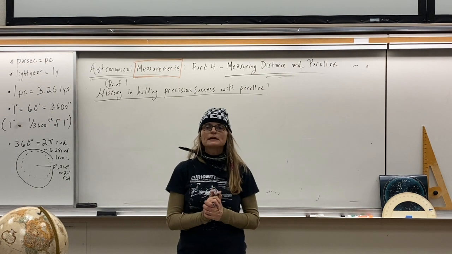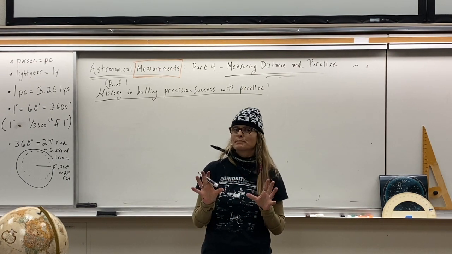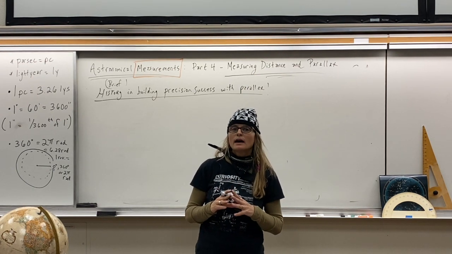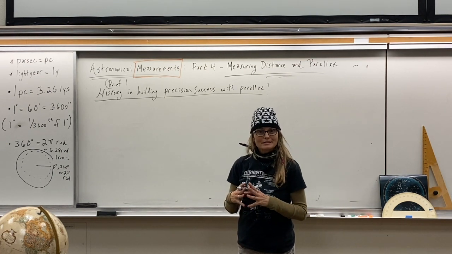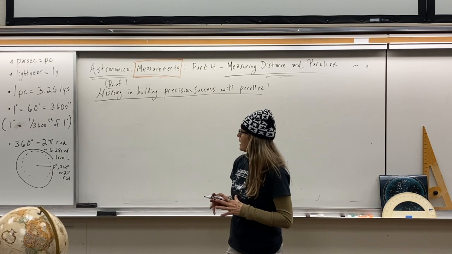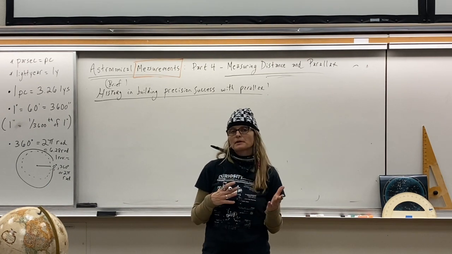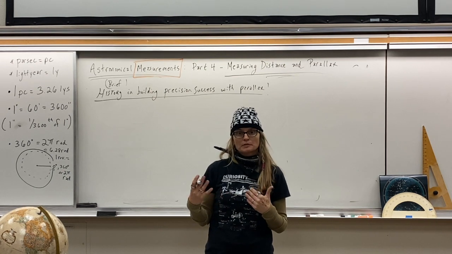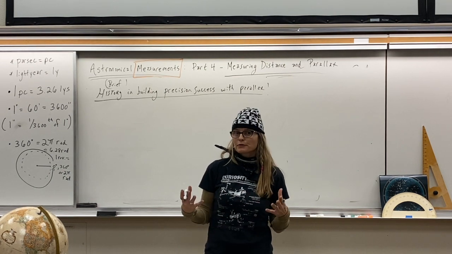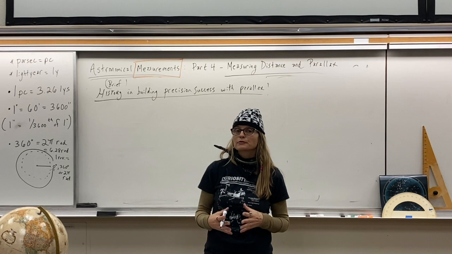Okay, here's a brief little history, just to put parallax into context in astronomy and how much of a long way it's come since the early days. This started really with the Greeks. There were some early Greeks that believed the Earth to be going around the sun. We got our first measurements for the circumference of the Earth from them.